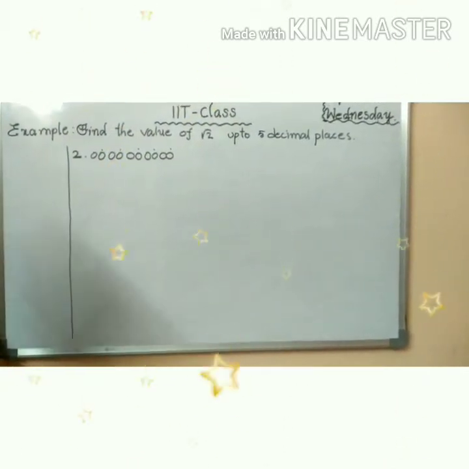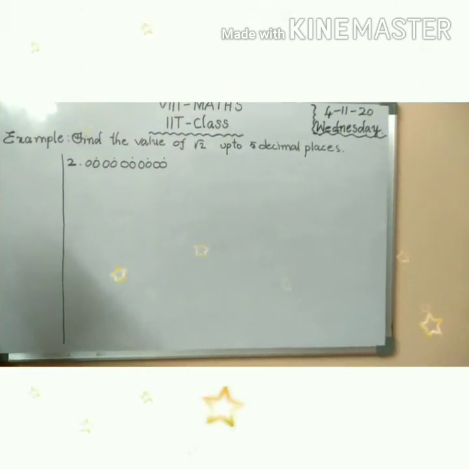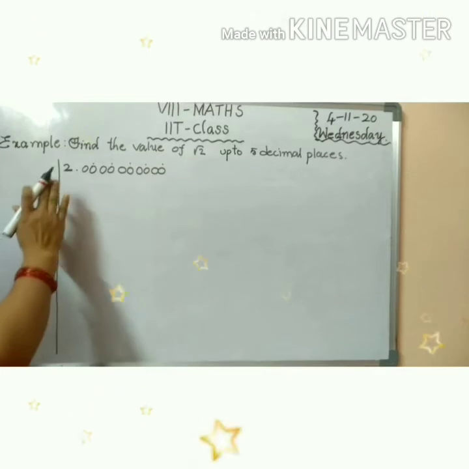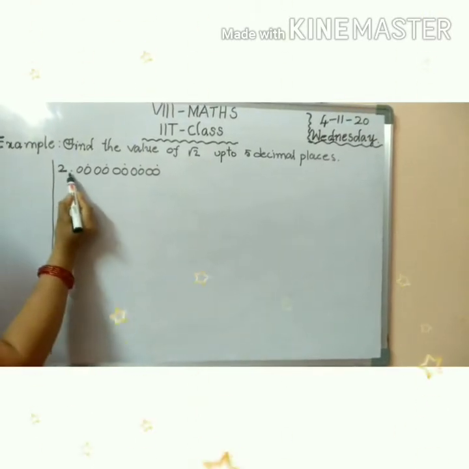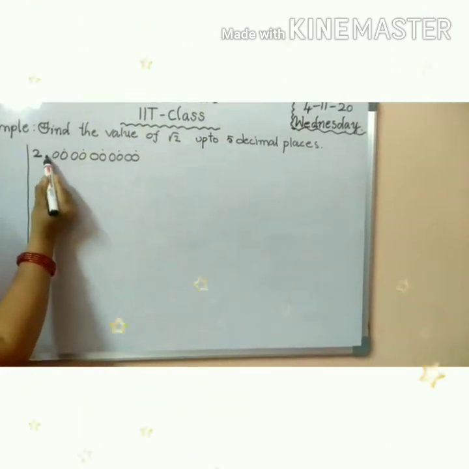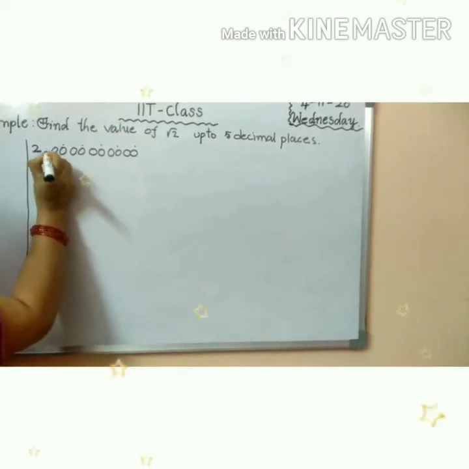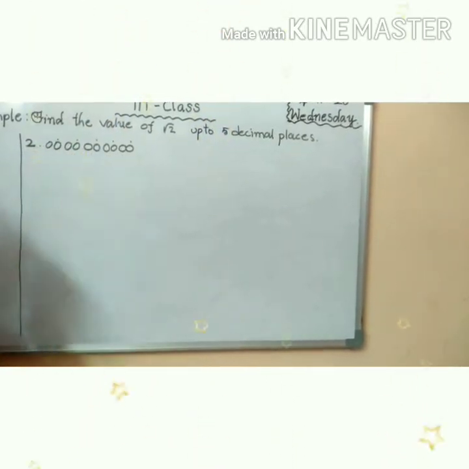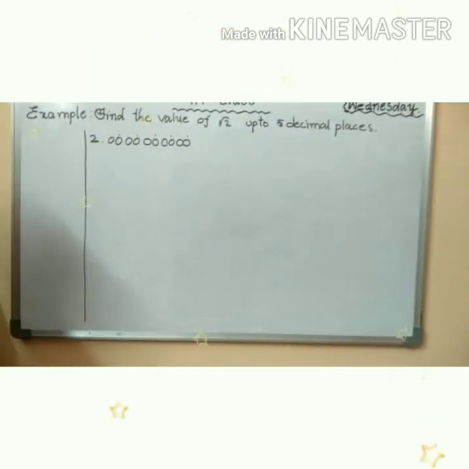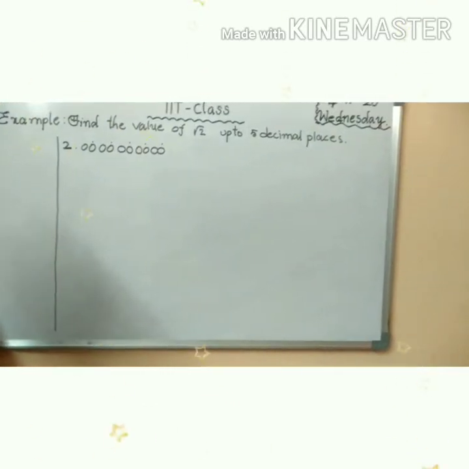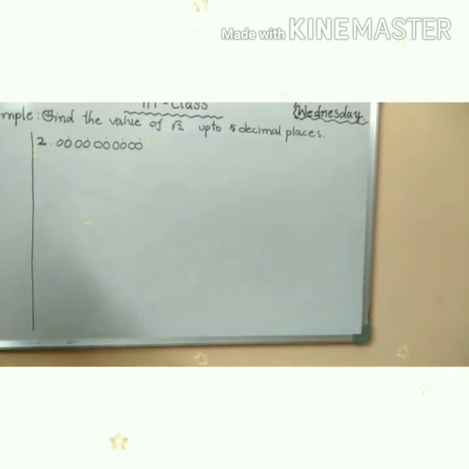Next, first take down two numbers from left to right of the number. Left to right means you take the decimal point and write the digits from the right side onwards. Then write down its square root as the first divisor.